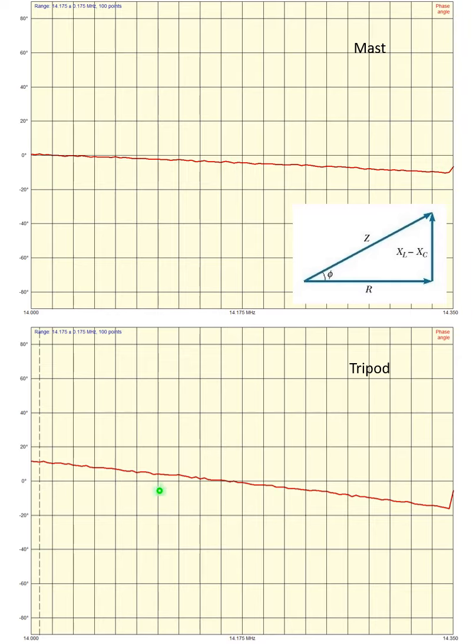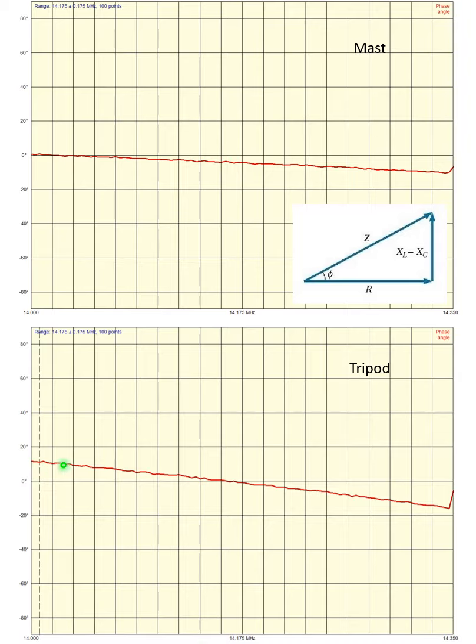Now, if we look at the same plot for the tripod mount, you can see 0 degrees is here, which is where we were on the mast at 14 megahertz, but here we're a little higher, probably 12 or 15 degrees.